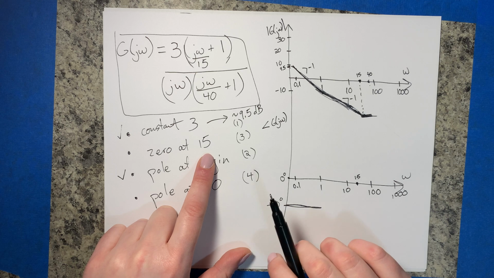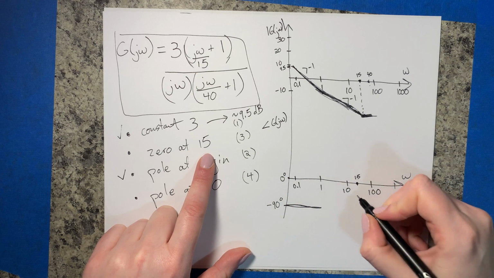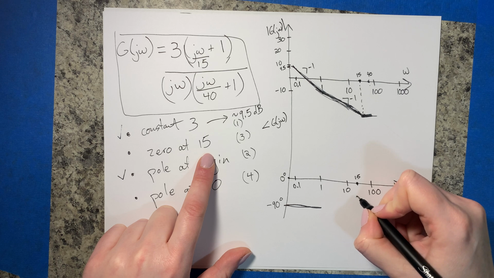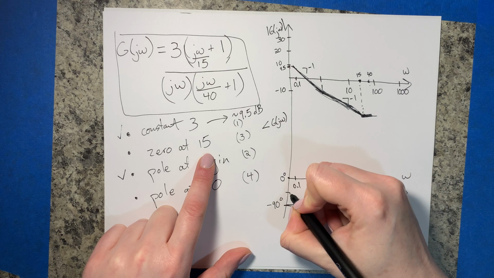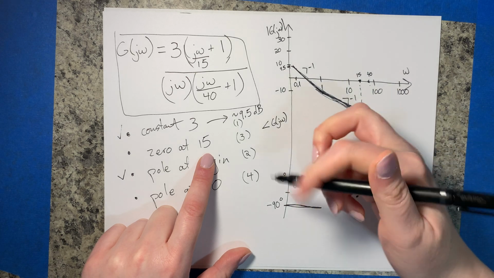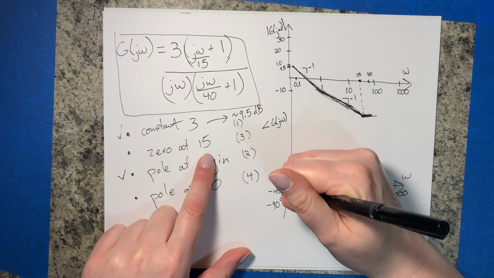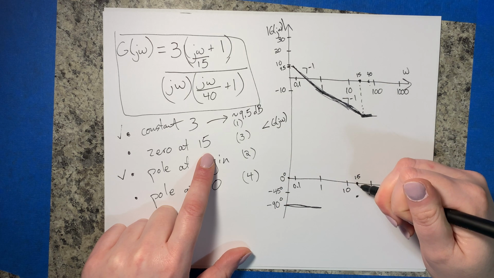effect. 0 has a +90 degree shift. Half of that effect has to happen at that frequency, or by that time. So I'm going to go up by 90 degrees. And so that means I have to be at negative 45 degrees by the time I'm at omega equals 15.